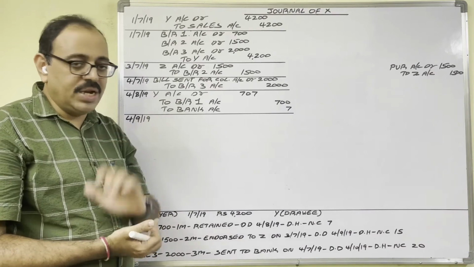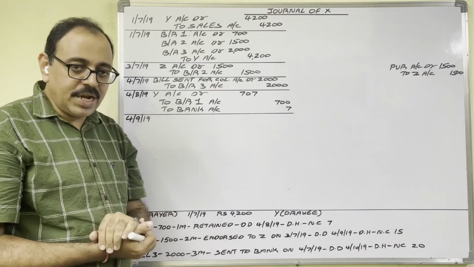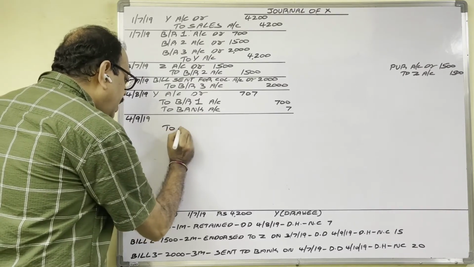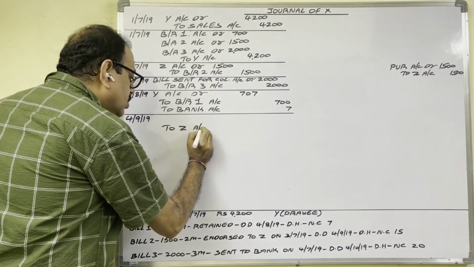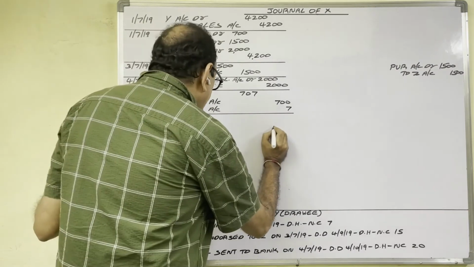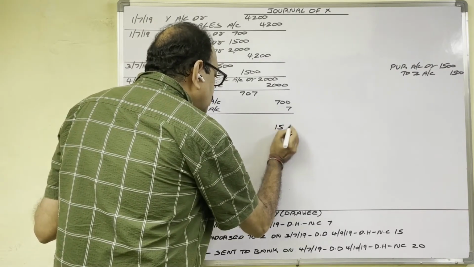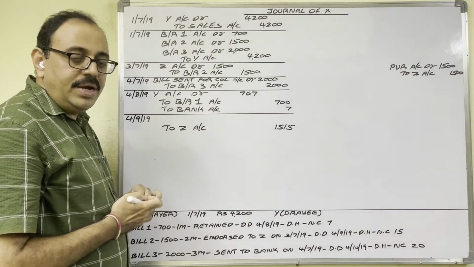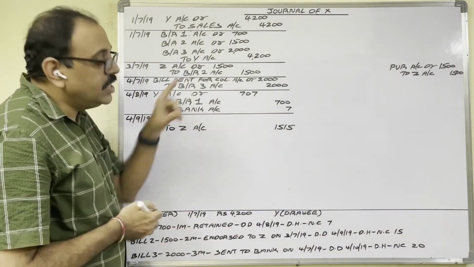Creditor is a liability. Liability shows a credit balance. Therefore in X books we have to credit Z account with bill amount plus noting charges amount, 1515. And from whom X should collect this money?